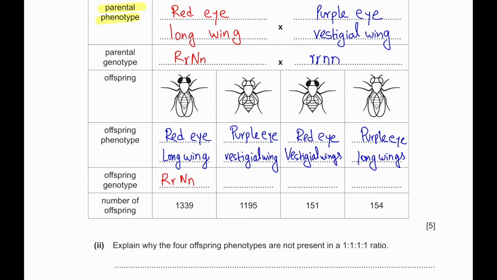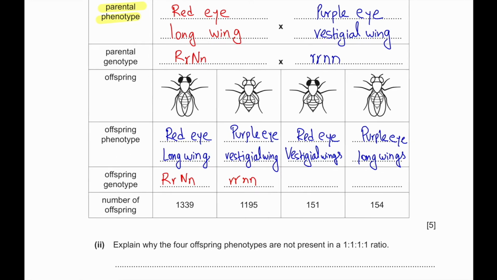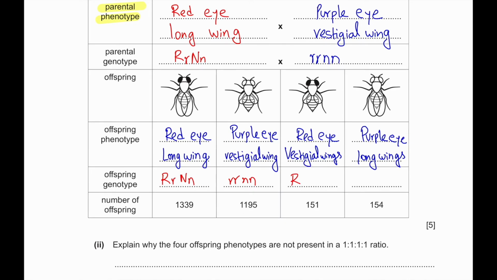Because it has purple eyes, which can only be possible if there is small r and small r, and vestigial wing is possible if there is small n and small n. Alright, the next one has red eye, that means there is one capital R with a small r from the other parent, and since it has short wings, small n and small n. Finally, purple eye means small r and small r, but long wings means there is one capital N, and the other parent gives a small n.